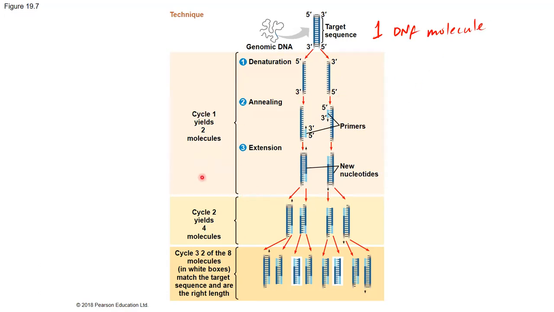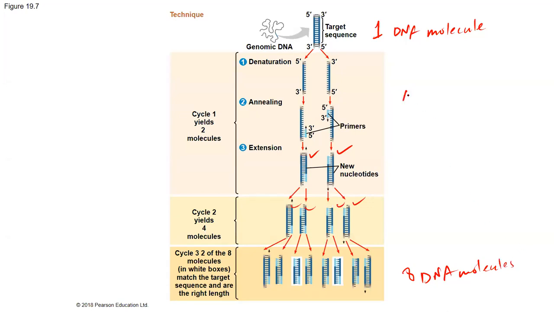So here we have cycle 1, cycle 2, cycle 3. At the end of cycle 1, we have 2 DNA molecules. At the end of cycle 2, we have 4. And at the end of cycle 3, we have 8 DNA molecules.